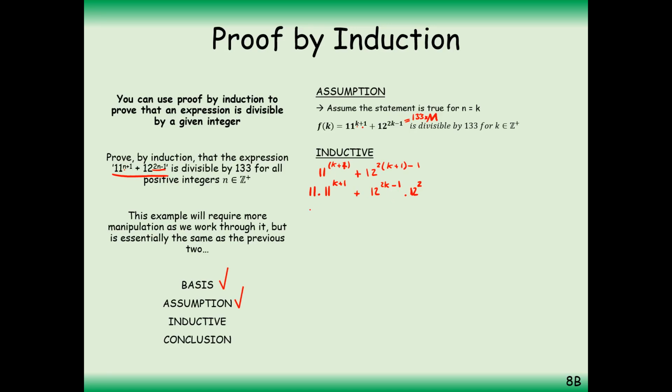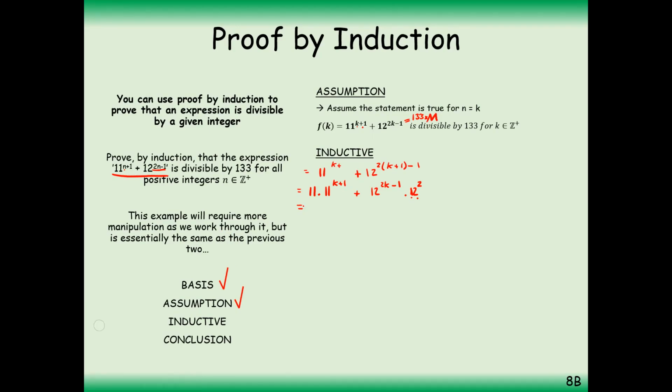Now, we know that we have 11 over here, and 12 squared is 144. So I'm going to write this one more time. These lines are equal to each other. So perhaps it would have been better if I actually wrote k plus 1 on this line here.